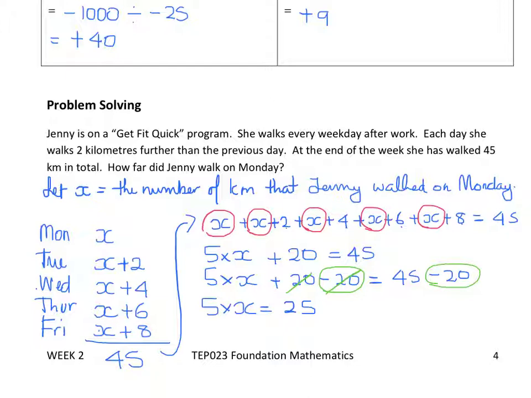So if 5x or 5 times x is equal to 25, what's x? What if we undo this multiply by 5 on the left hand side by dividing both sides by 5? So we'll do that. Let's divide both sides by 5. Done exactly the same thing to both sides, so hence the equal sign is still valid.